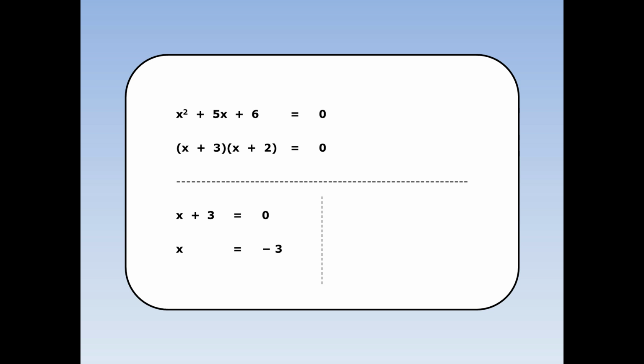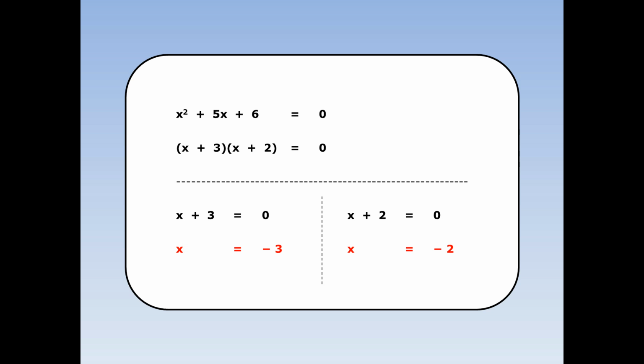That's my first answer. But there's another answer as well. The x plus 2 could be equal to 0. So I write down x plus 2 equals 0, and then I solve this equation. Take away 2 from both sides, and end up with x equals minus 2.